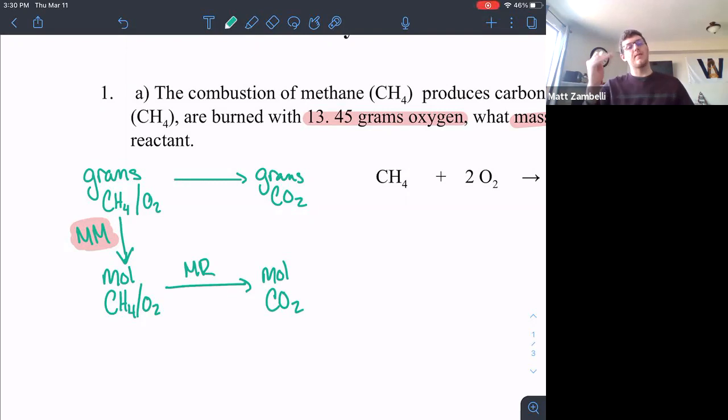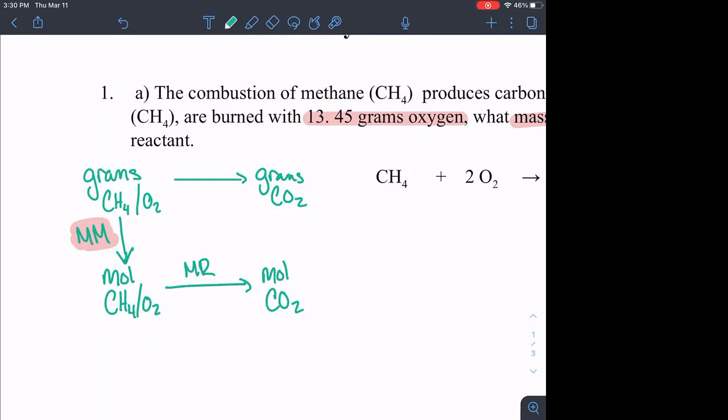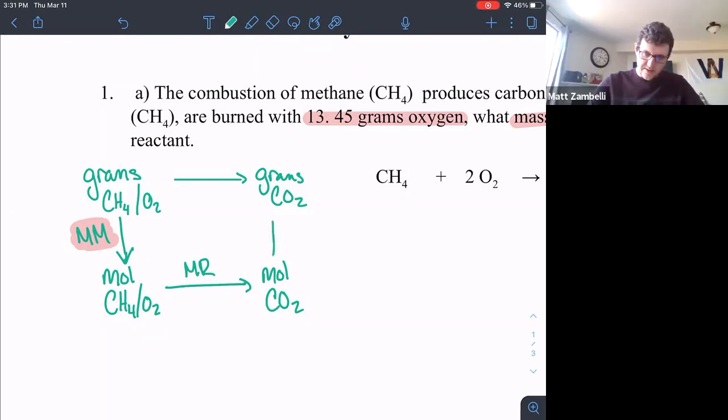Now, our final step, can we make it from moles to grams of CO2? Yes, we can.